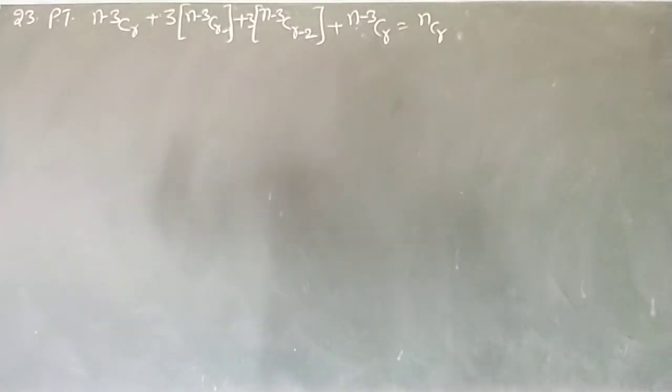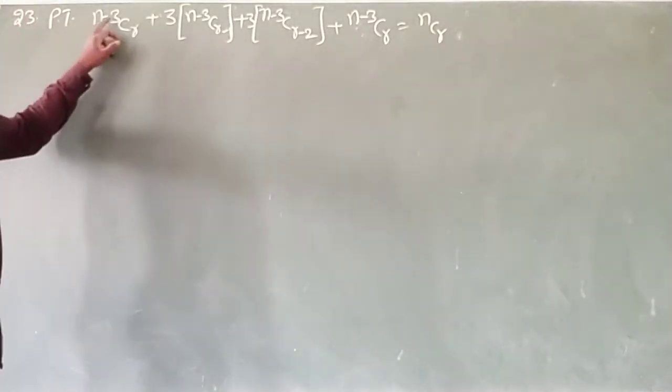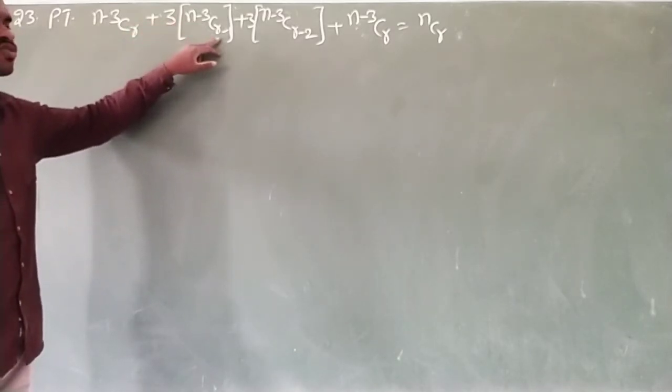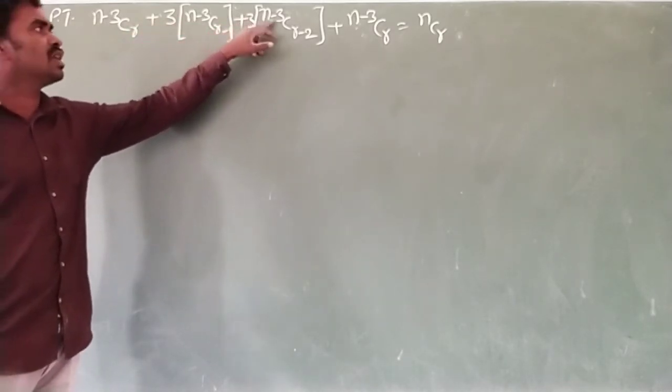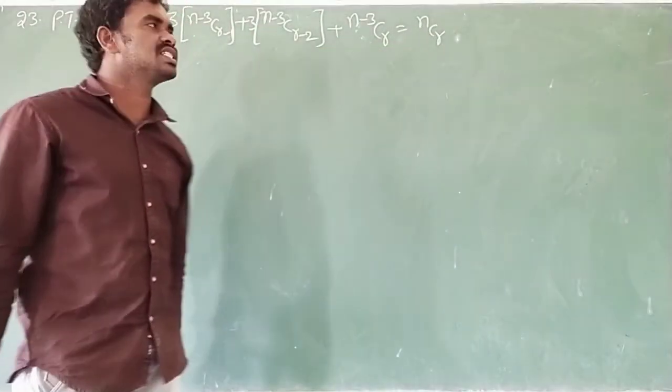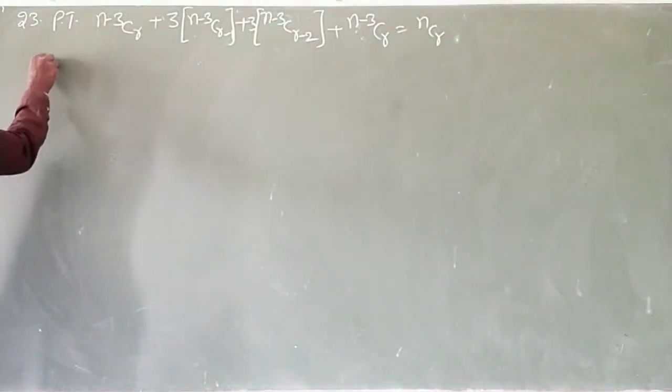Next, 23rd question. Prove that n minus 3 Cr plus 3 into n minus 3 Cr minus 1 plus 3 into n minus 3 Cr minus 2 plus n minus 3 Cr is equal to nCr. Take the left hand side.